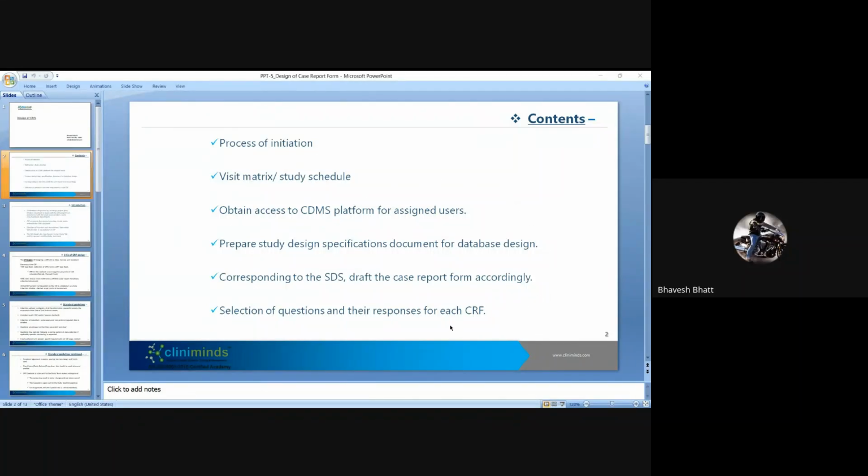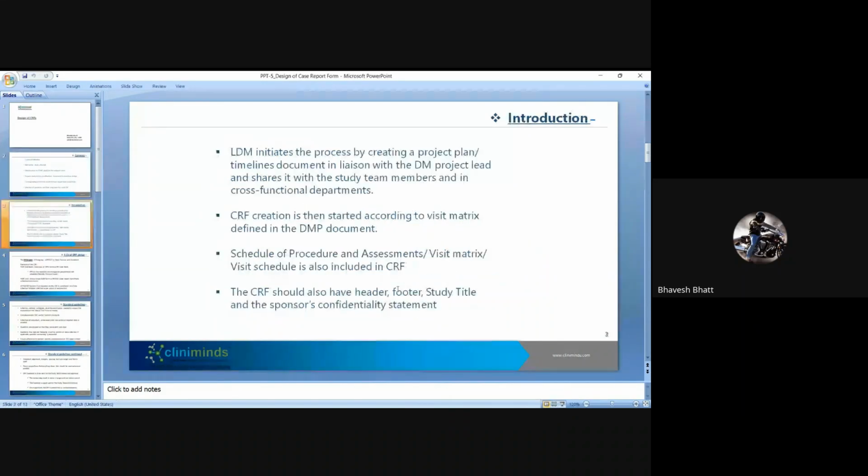So with the content discussed, let's go forward and firstly talk about an introduction. How would the process of CRF design be initiated?